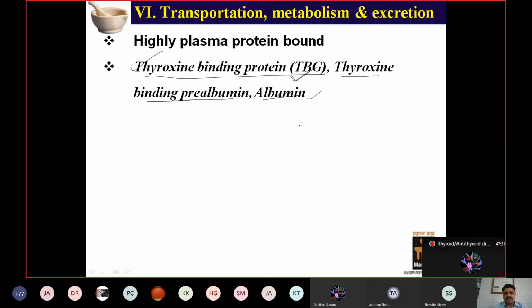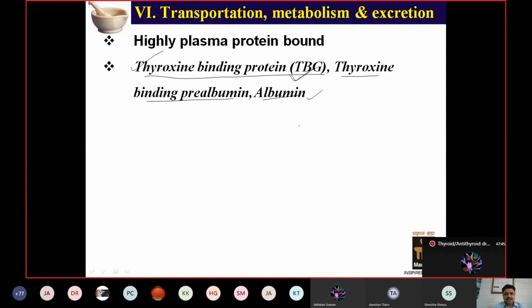Whatever is released in the body, or sometimes it is important pharmacologically, when we take the thyroid hormone from outside, especially in the form of T4, it is bound to the plasma protein and slowly released into the plasma as per the free T3 concentration.